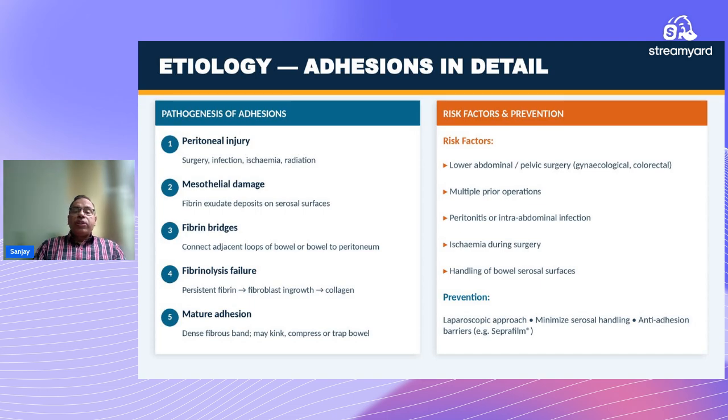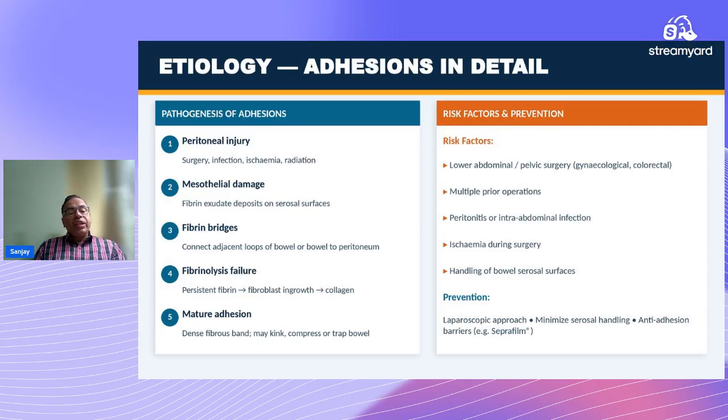Now, coming to etiology about adhesions, what exactly leads to adhesions? There is initially a peritoneal injury, which could occur because of surgery. It could also occur because of radiation or ischemic damage or even infection. Whenever there is a peritoneal injury, there is a mesothelial damage, the cellular damage, which would lead to exudation of fibrin, which gets deposited onto the serosal surface.